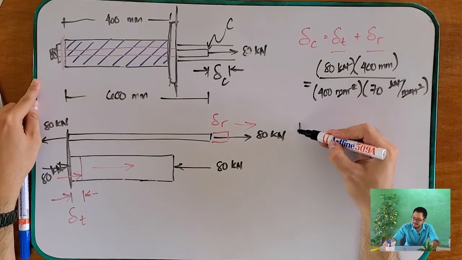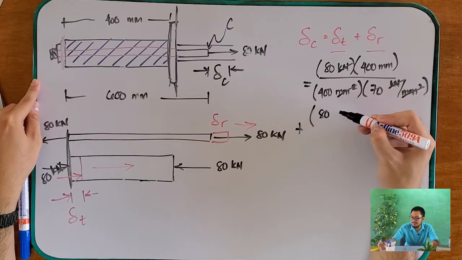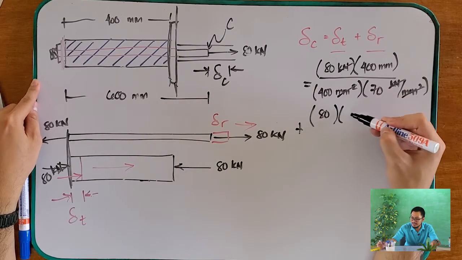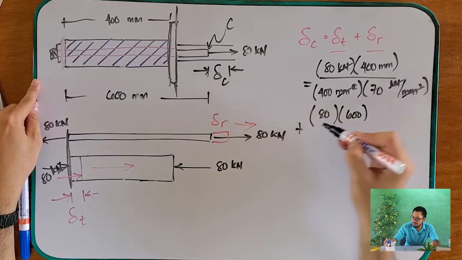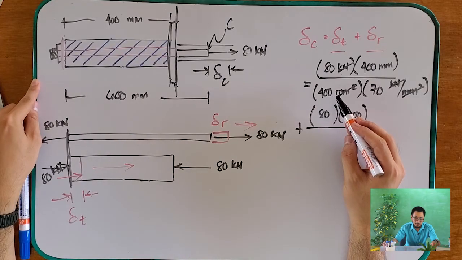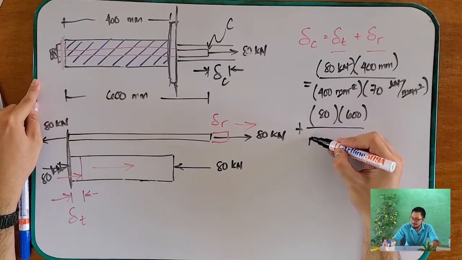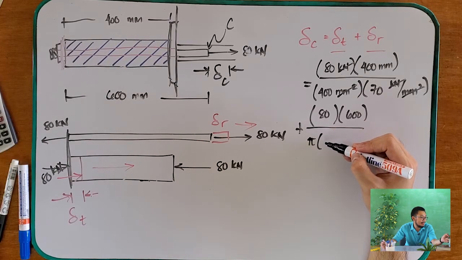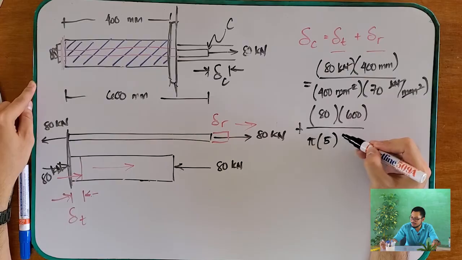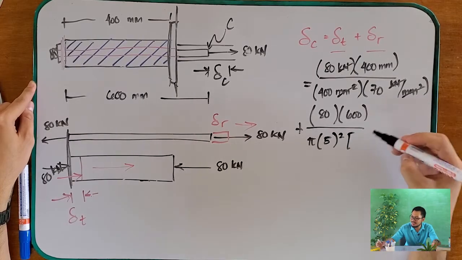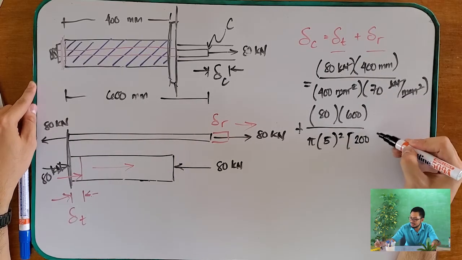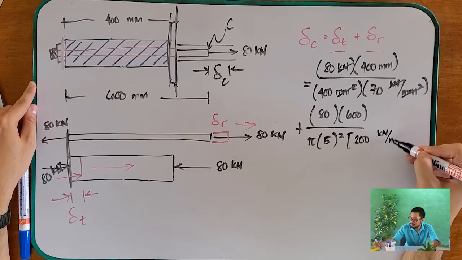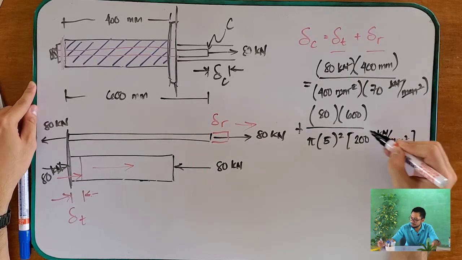Okay? Next, plus 80 again for our rod. 80 kilonewtons times 600 over the area of your rod, which is pi times radius, which is 5, since 10 is the given diameter, squared, times the modulus of elasticity of 200 kilonewtons per millimeter squared.